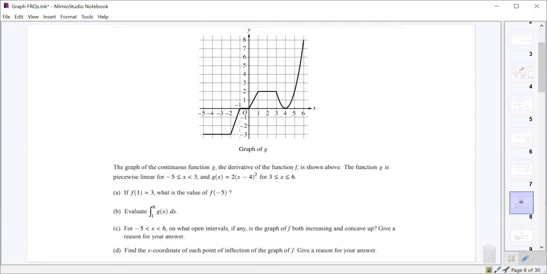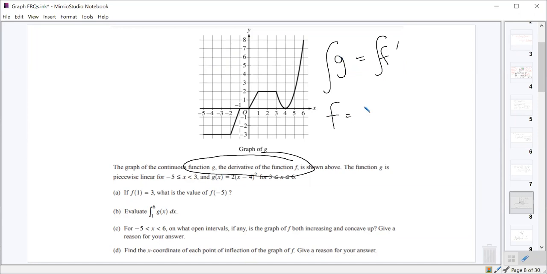So if f of 1 is 3, and f and g are related, such that g is the derivative of f, g is f prime, when we integrate that to find what f is, this is an indefinite integral, right? So we're saying that f is the integral of g plus some constant.